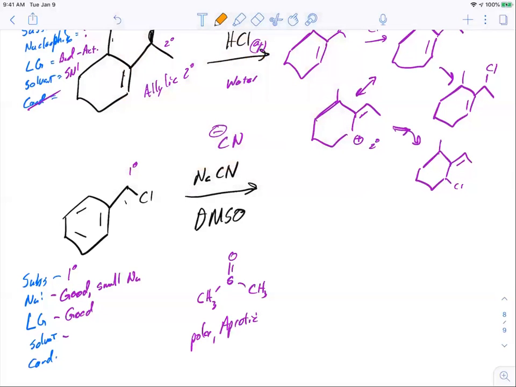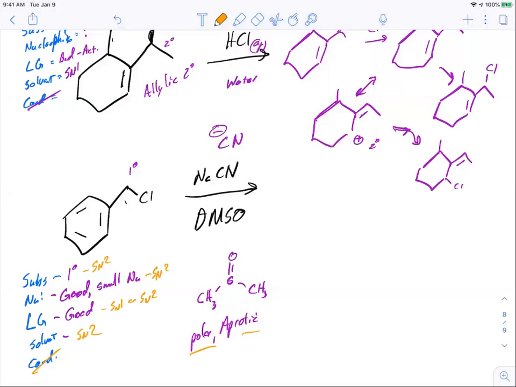Okay, so what is that telling us? Primary is telling us SN2, good anionic nucleophile, right? That's saying SN2, the fact that it is an anion, right? Small is SN2. Good leaving group, SN1 or SN2, right? Both of them like good leaving groups. Solvent, though, is saying SN2, right? It's polar aprotic, and then there's no conditions.